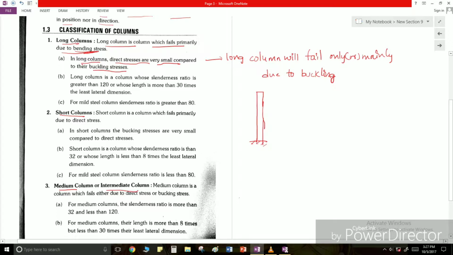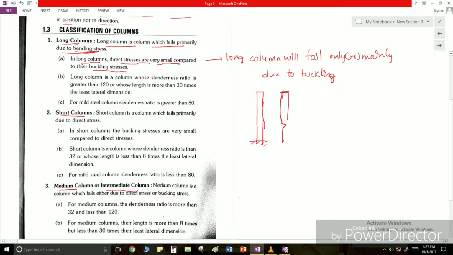If the height of the column is very large when compared to its other dimensions, then the column will start buckling.